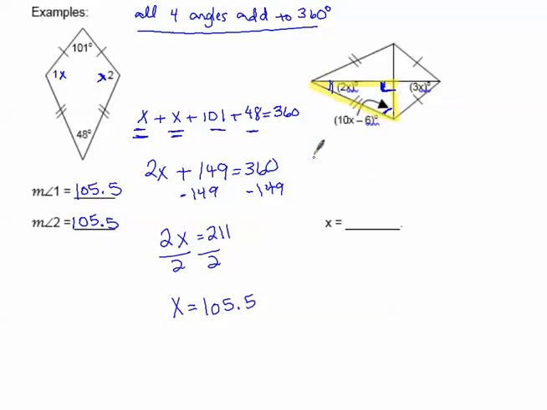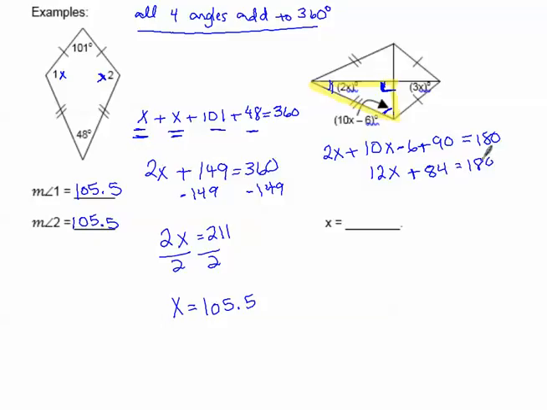I have 3 angles adding up to 180 because it's a triangle. So 2x plus 10x minus 6. This is angle 1, this is angle 2, the third angle is 90. So I need to make sure I have 3 different angles adding up there. Combine my like terms: I've got 2x and 10x, and I've got -6 and 90.